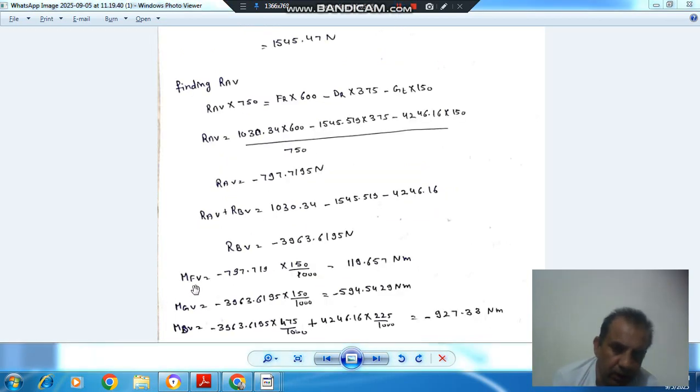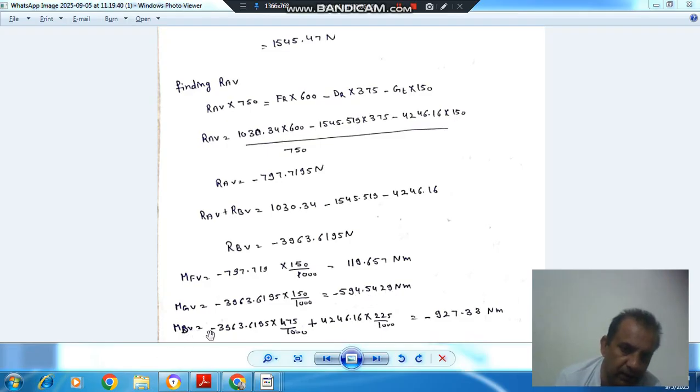Now the vertical bending moment can be calculated at different points. MFV is RAV into 150 by 1000 and MGV is RBV into 150. These are minus 199.657 and minus 584.5429.